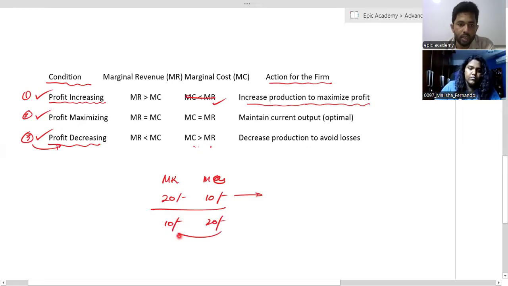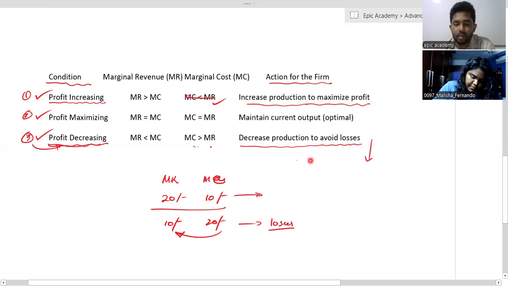You earn 10 rupees by spending 20 rupees, so you can identify these losses. Profit is decreasing at that moment, so the action for the firm is to decrease the production because you are getting losses.